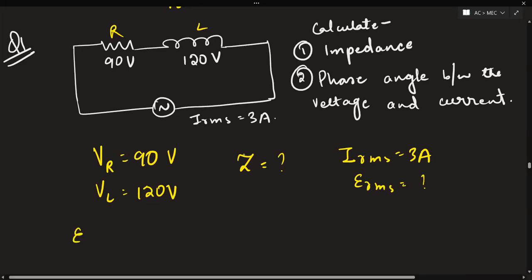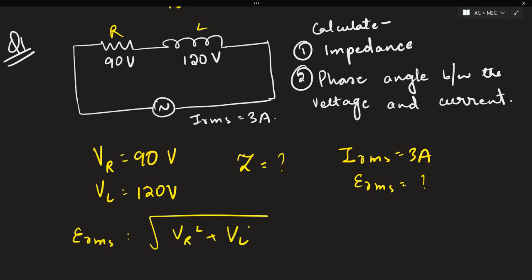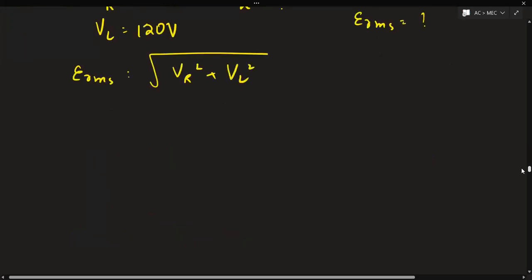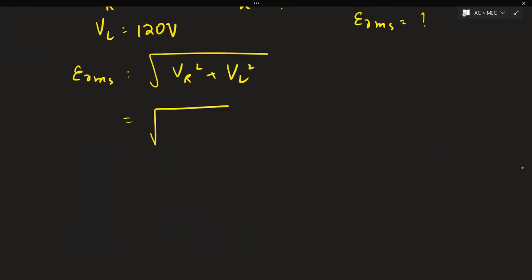So ERMS will be equal to what? ERMS will simply be the square root of VR square plus VL square. From here only, we had started our derivation. So it will be under root VL square plus VR square. This will be under root 90 whole square plus 120 whole square.